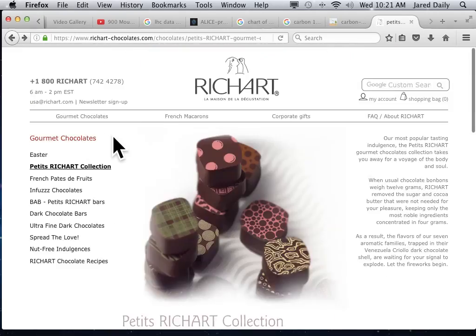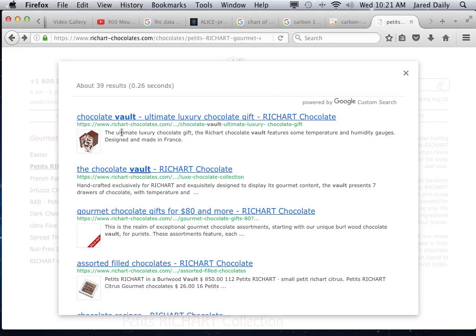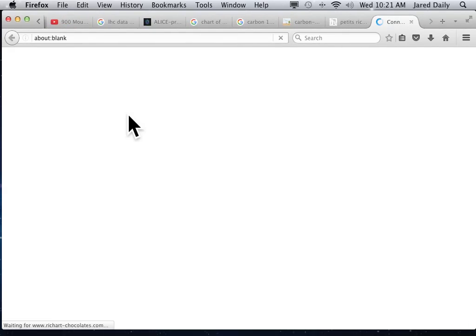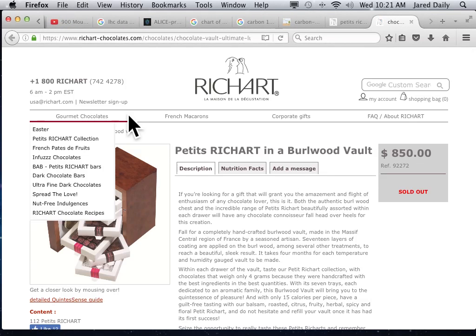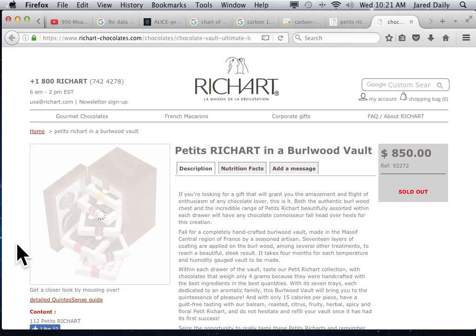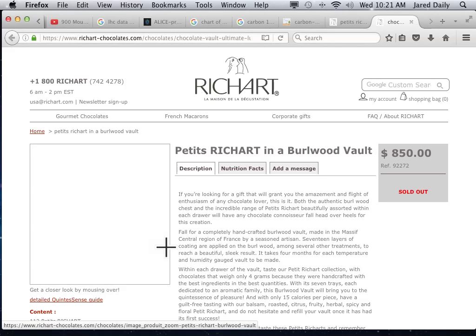Oh yes, they're the best chocolate company in the world. One of the best. There's only maybe 10 chocolate companies in the world that are as good as they are. Seems they wouldn't happen to have a partnership with some spectacular 5-star restaurant in France, would they? That seems like a good thing that would go along with expenses. Here's your chocolate vault. $850.